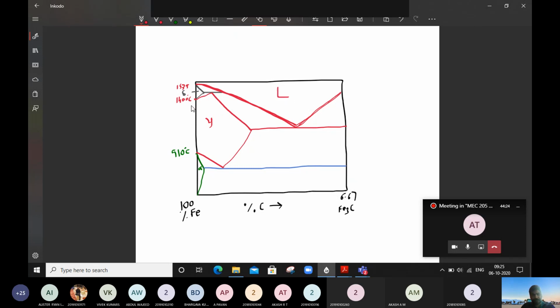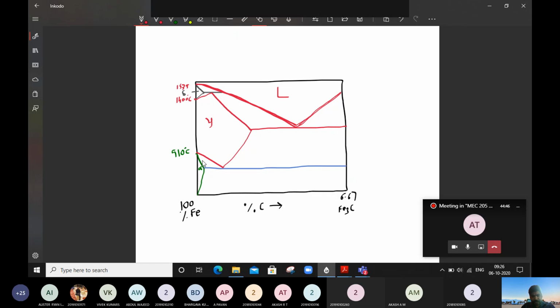Now you know these four phases. Here we have delta, here gamma, here alpha, and here liquid. Now just try to label the other blank spaces. First we are going to label this space. What will be the phase in this particular area? Take any point, as I have told you earlier, this is very easy.